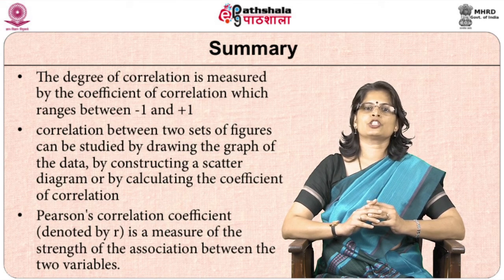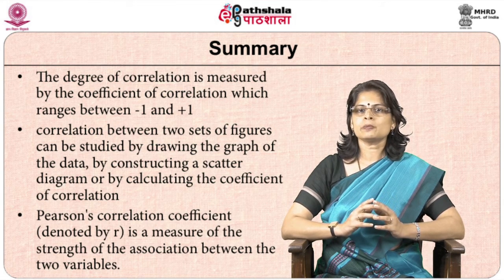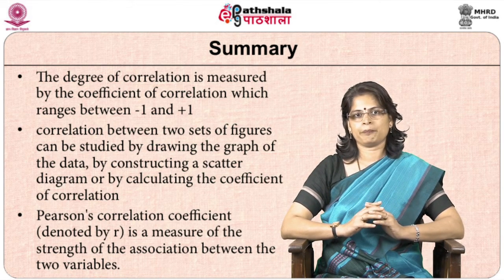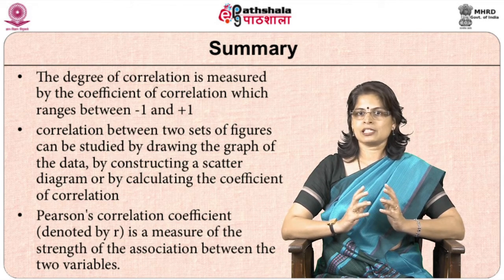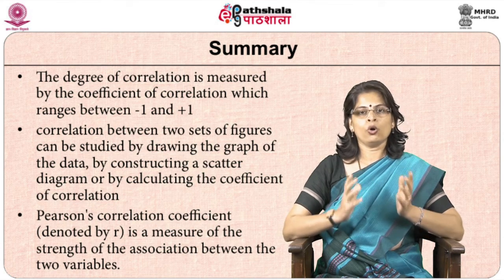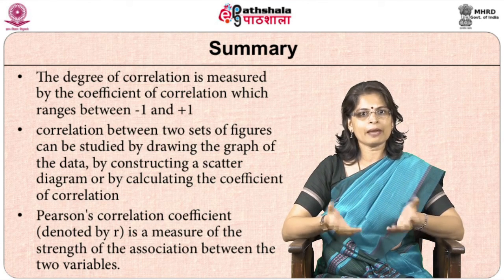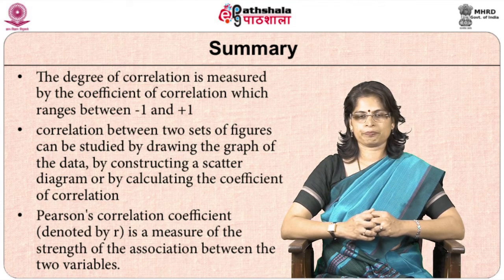The degree of correlation is measured by the coefficient of correlation, which ranges between -1 and +1. Correlation between two sets of figures can be studied by either drawing a graph of that data, or by constructing a scatter diagram, or by calculating the correlation coefficient.